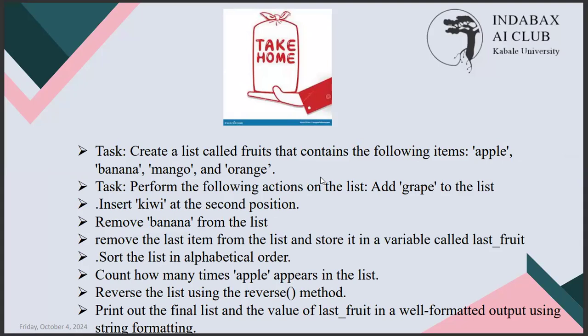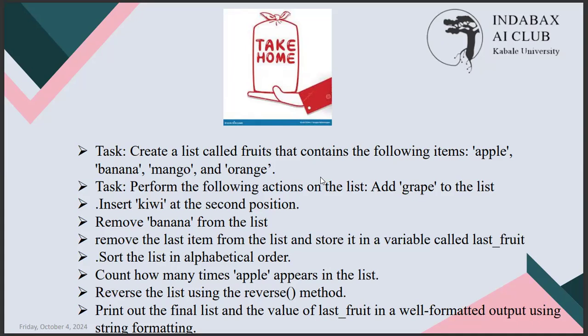You will insert kiwi at the second position. You will remove banana from the list. You will remove the last item from the list and store it in a variable called last_fruit. You will go through the methods we have been using and find out which method works for which of these tasks. We have looked at all of these methods.